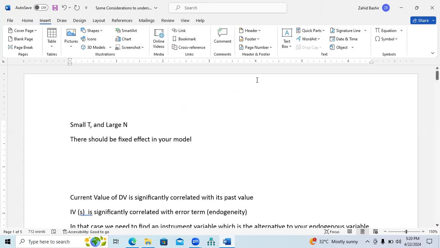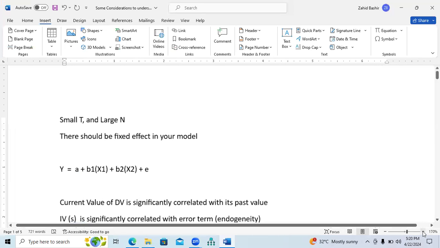Let it be y is equal to alpha plus beta 1 x 1 plus beta 2 x 2 plus error term. So let's suppose this is our basic model.